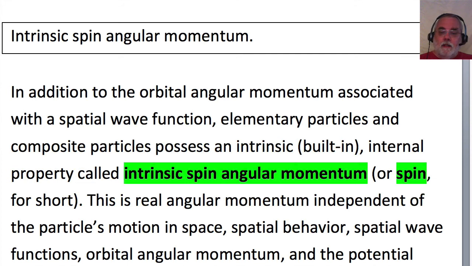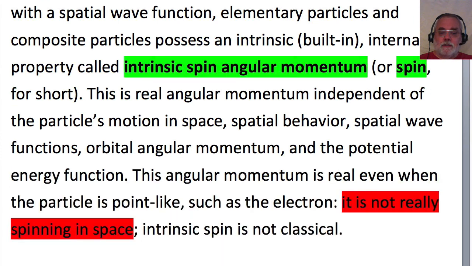This is real angular momentum independent of the particle's motion in space, spatial behavior, spatial wave functions, orbital angular momentum, and the potential energy function. This angular momentum is real even when the particle is point-like, such as the electron. It is not really spinning in space.